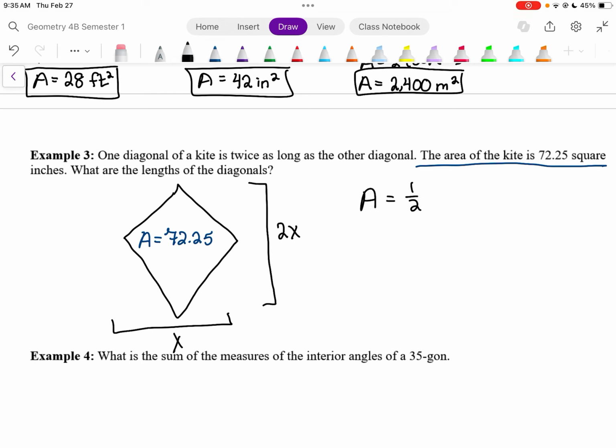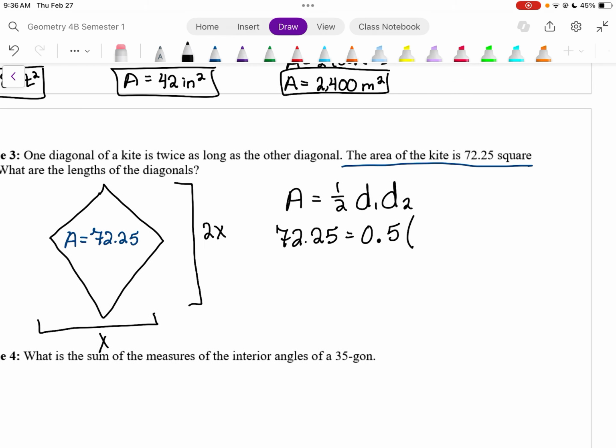So we are going to plug everything we know into our area formula. And the area of a kite is 1/2 diagonal 1 times diagonal 2. So that 72.25 would be equal to 1/2, and I'm going to use 0.5 because that is typically easier for people to work with. And then one of the diagonals was x, and the other one was 2x.